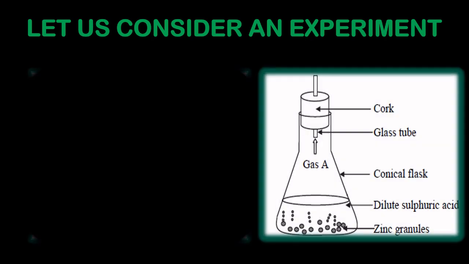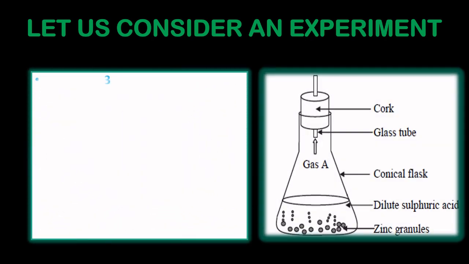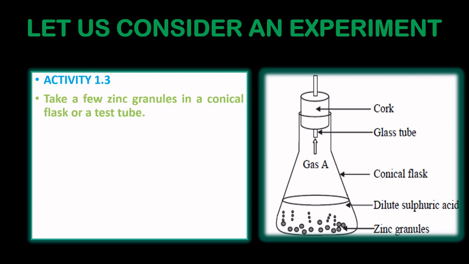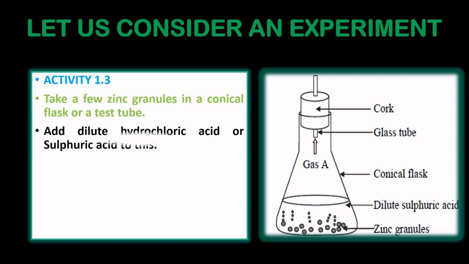Let us consider one more experiment prescribed in the Class 10 science textbook, Activity 1.3. Take a few zinc granules in a conical flask or a test tube. Add dilute hydrochloric acid or sulfuric acid to this.